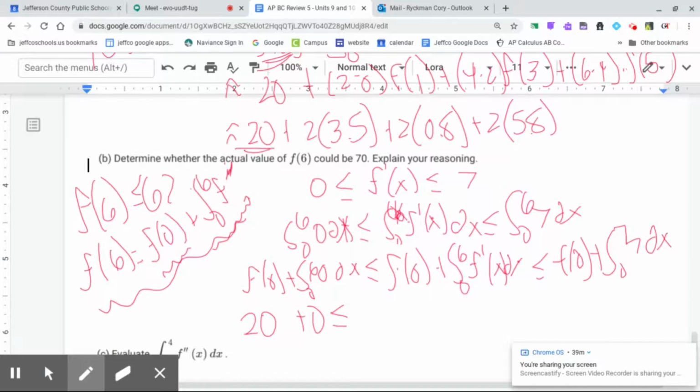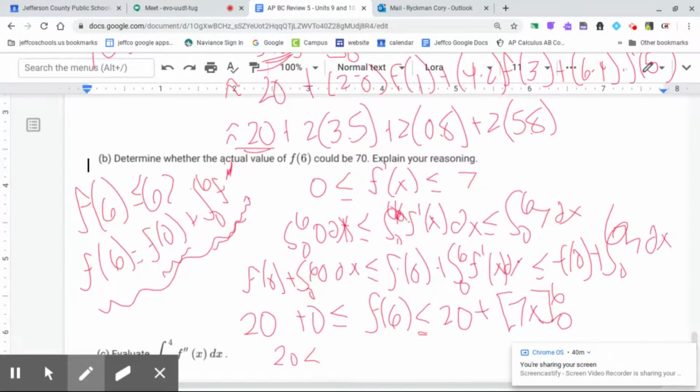This is f at 6. And now let's focus on the other side, because that's where we're going to get some stuff. 20 plus the antiderivative of 7 is 7x, from 0 to 6.